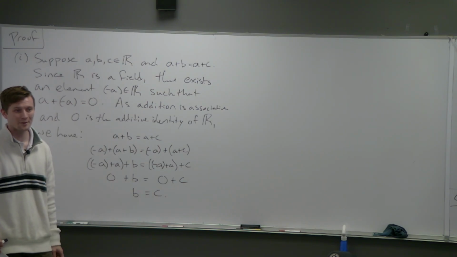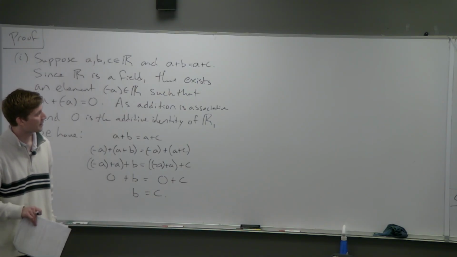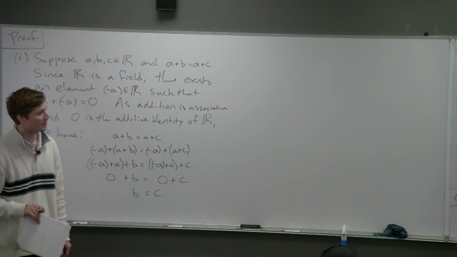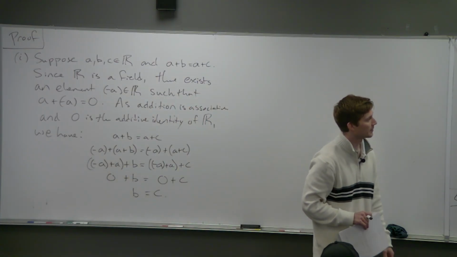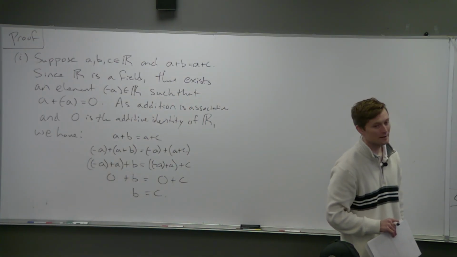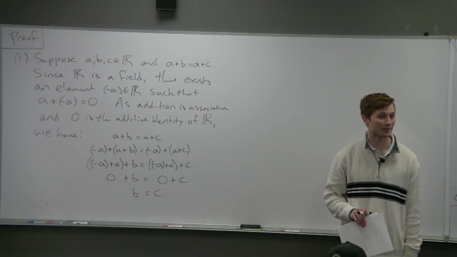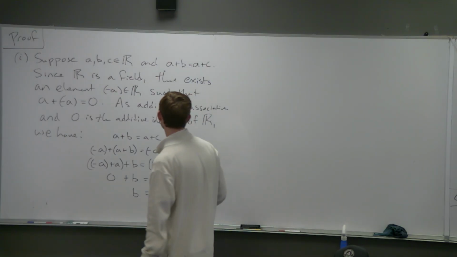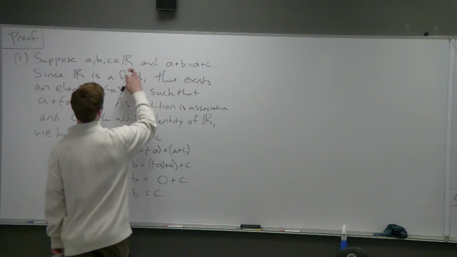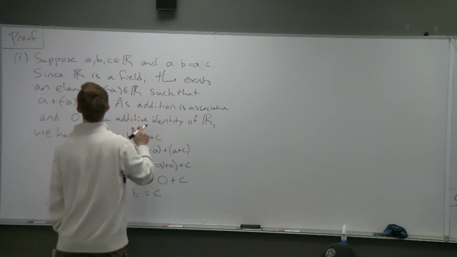Easy enough. Okay. Now, right here, do we have a very easy way to jump through and prove what item is it? Is it item 3? Yeah, let's do it. Item 3, it's basically the same, except instead of addition, it's multiplication now. So you'd say, suppose A, B, and C are in R, and AB equals AC.